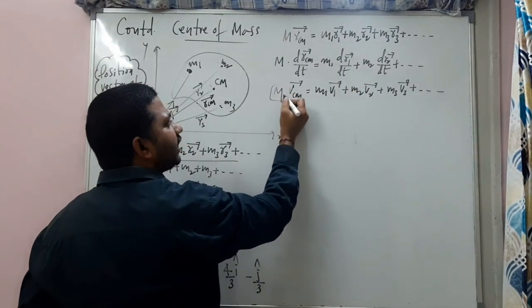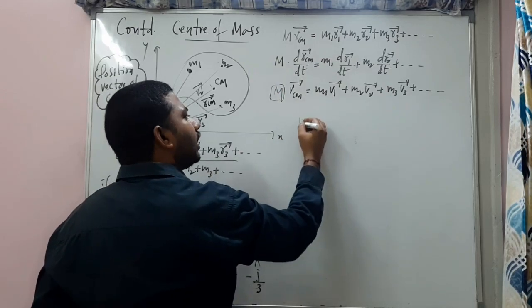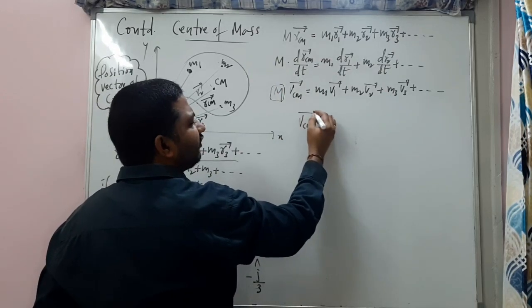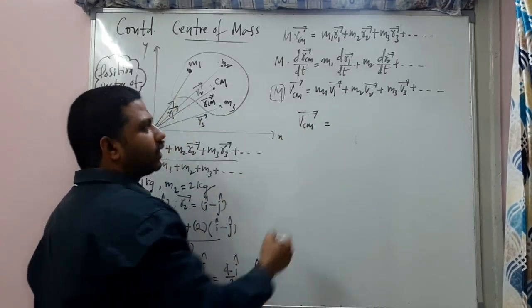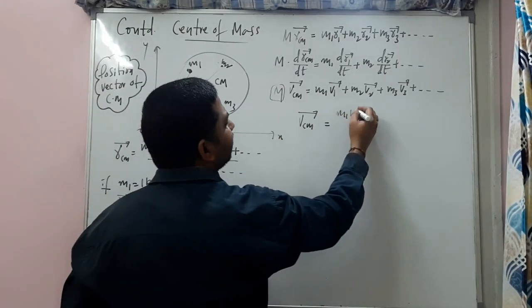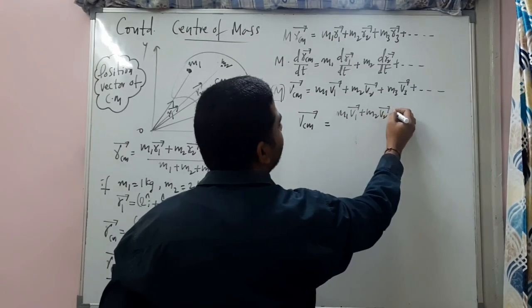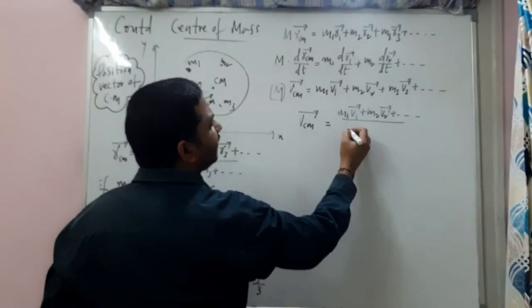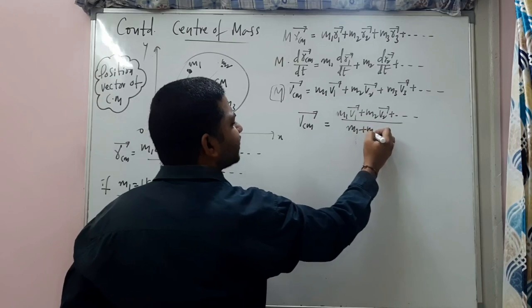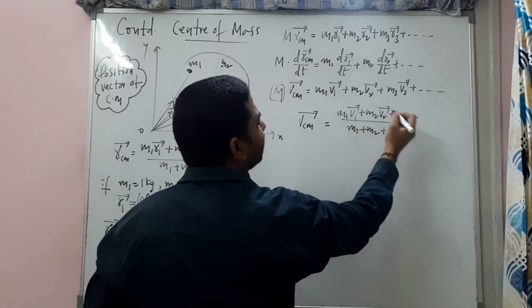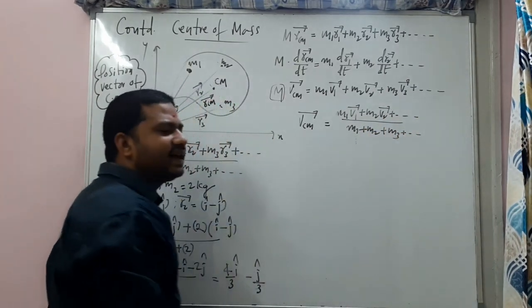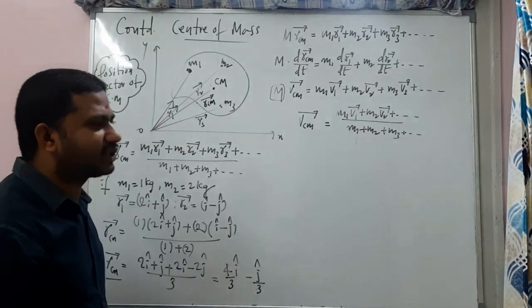Now this capital M you send to the other side. So now you have the formula for the velocity of the center of mass: m1 v1 bar plus m2 v2 bar plus so on, divided by m1 plus m2 plus m3 and so on. This is the velocity of the center of mass formula, students.